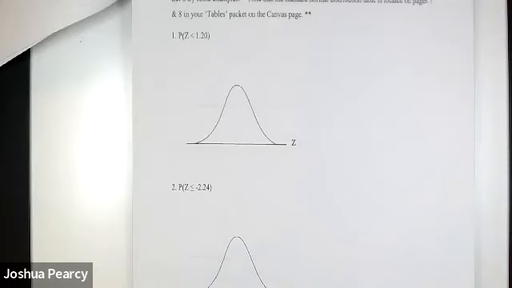Do you want me to draw it out? Okay, I'll draw it out because I'm confusing everyone. I say, what is the probability of, here's the mean of the standard normal and here, say this is 1.2. What's the probability of z equaling 1.20?